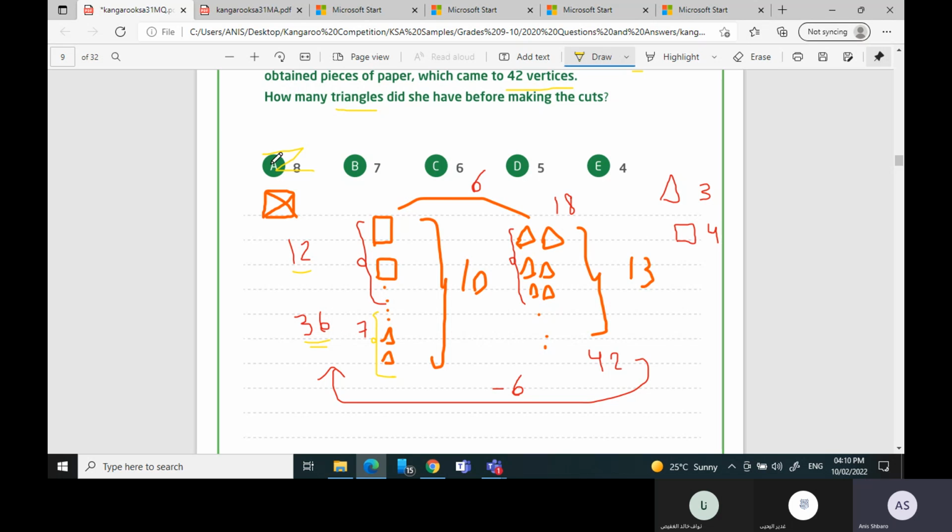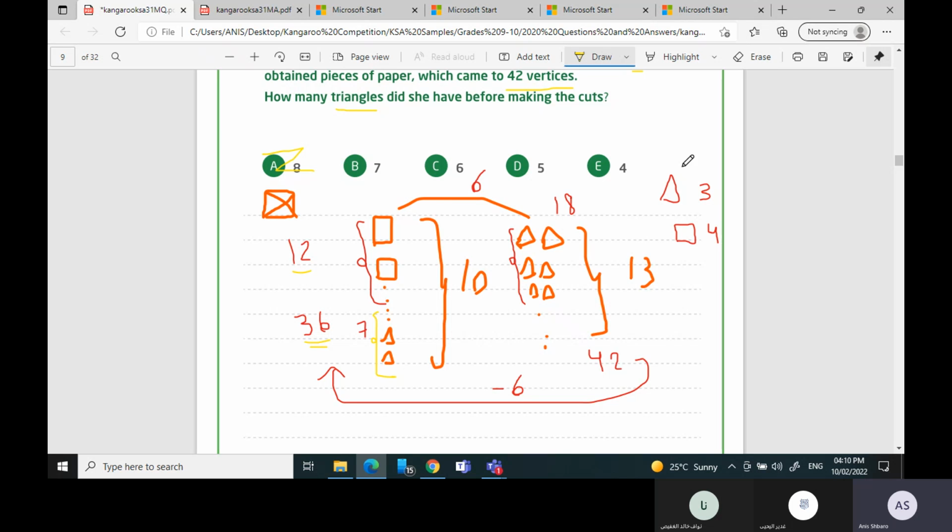Now, the reason why I took off A is because, first of all, the question told me that I have 3 squares and I cut them. So of course I have 3 squares and 7 shapes left. So if all shapes were triangles, of course the number would be 7 or less than 7. So this one is impossible.